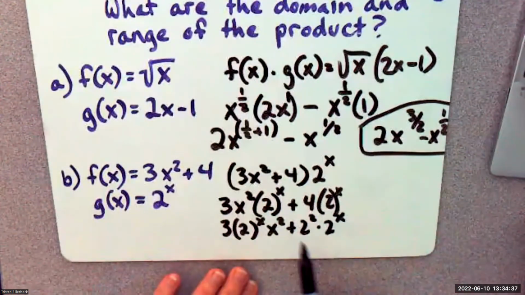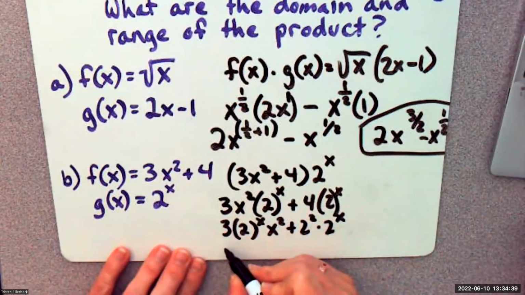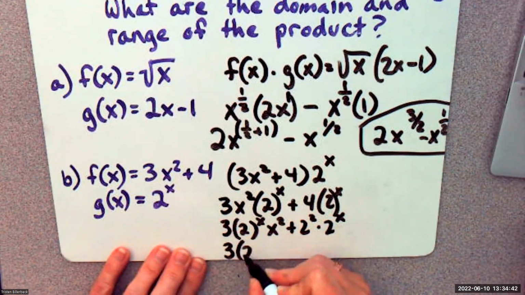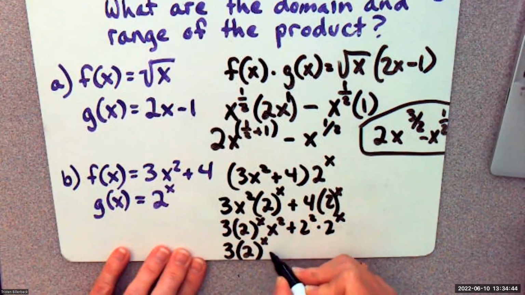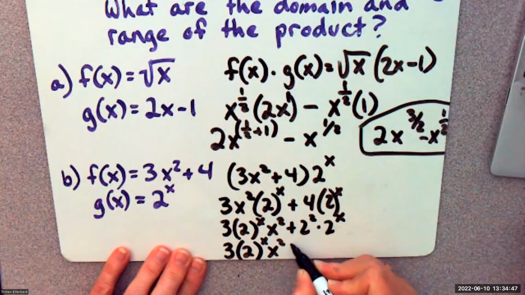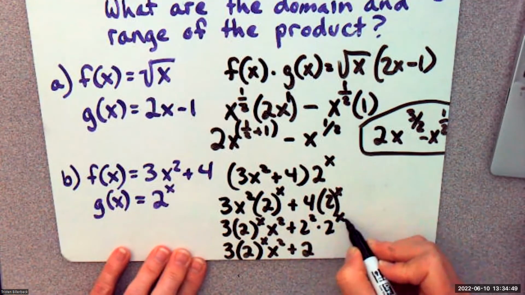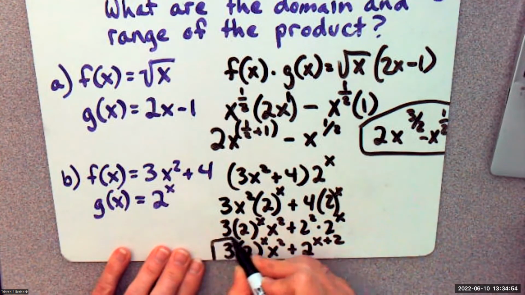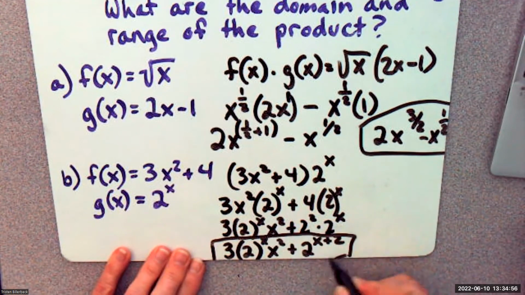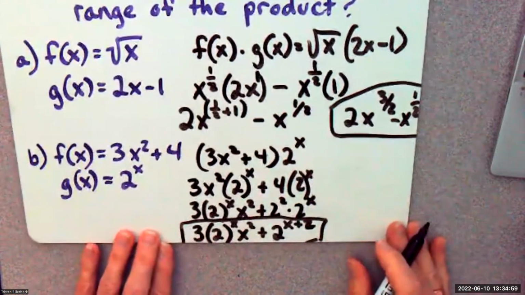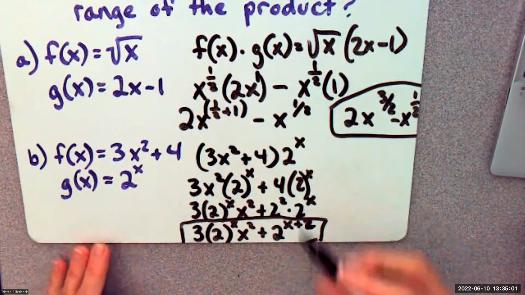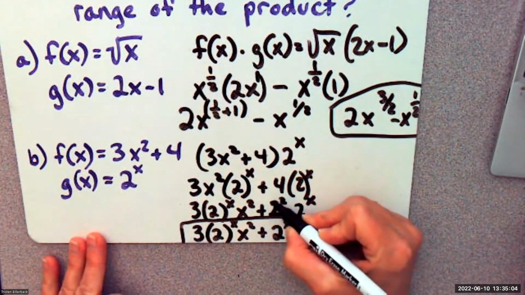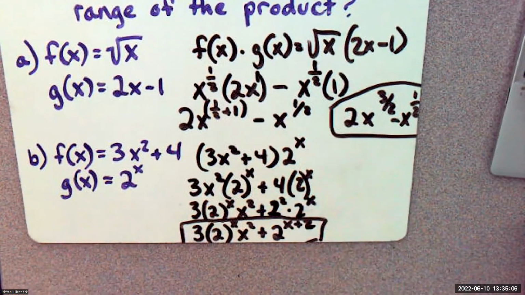So now, if we remember our exponent laws, our final answer will be 3 to the 2 to the x times x squared plus 2, and let's put the x first, x plus 2. So that's what this one will look like. All right, so we had an opportunity to make their bases the same for this one, and we took it. All right, let's look at domain and range for this though.